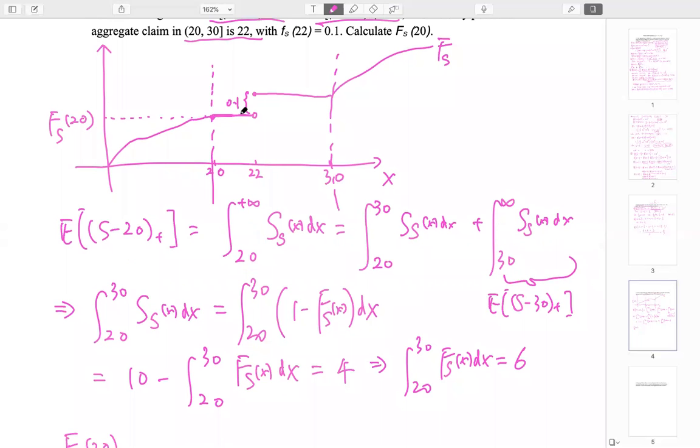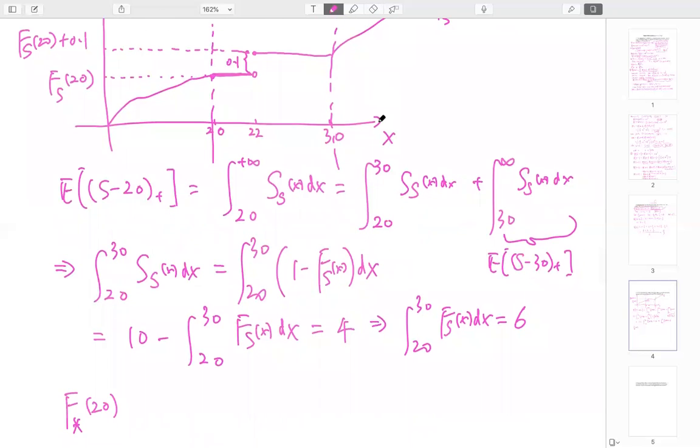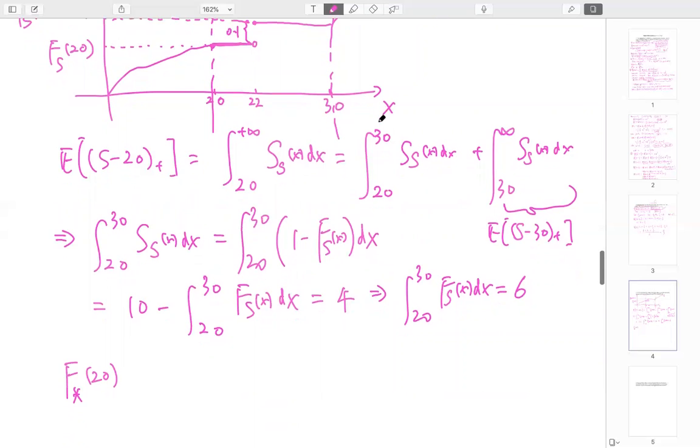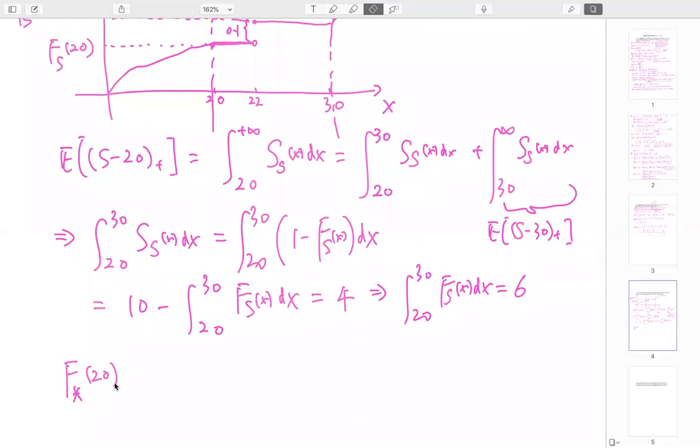So we know this flat piece is F_S(20). What about the other flat piece? It is F_S(20) plus 0.1 because I know there is a jump to the next level, and the size of the jump is exactly the probability mass. So I know I can separate this. Let me give you more information. So I can write this from 20 to 30.